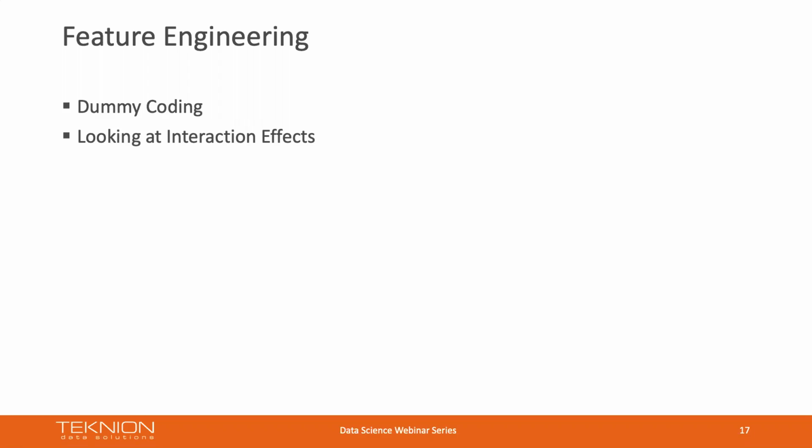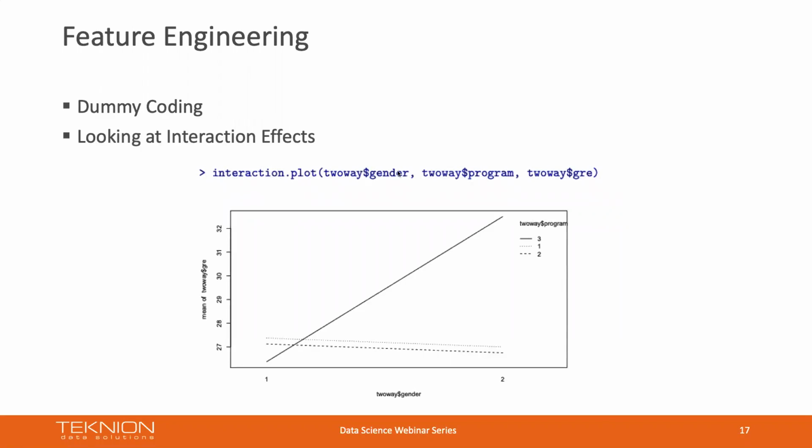But that's when you're looking at, let's say, the effect of gender versus what program someone is in. I'm going to split these into these 2 genders and then these 3 programs, and what I want to look at is the difference between being in, let's say, gender 1 and then program 1. That's this dotted line here.